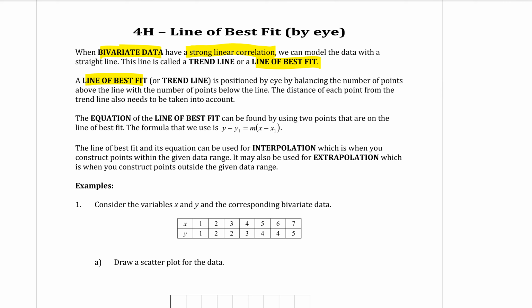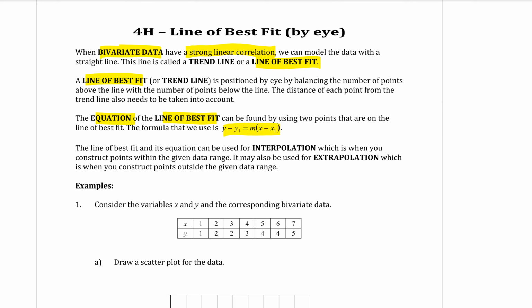The equation of the line of best fit can be found using 2 points that are on your line. So when you do your line of best fit, we're kind of strategic. We make our line go through at least 2 of the points, so that we can use those points to find the equation. And you have this formula here that we know to find the equation of a line, if you have a point and a gradient.